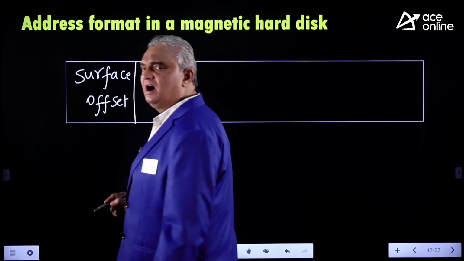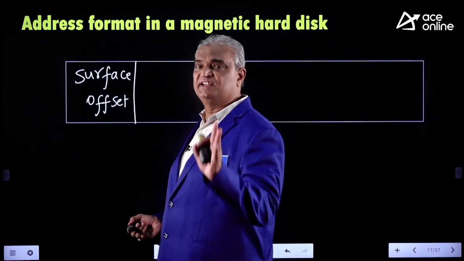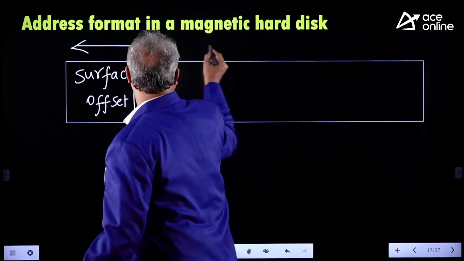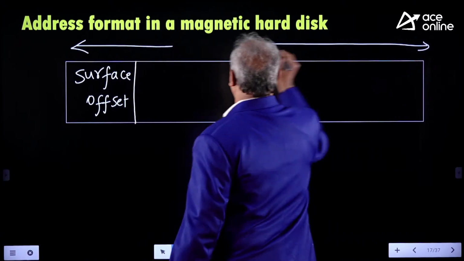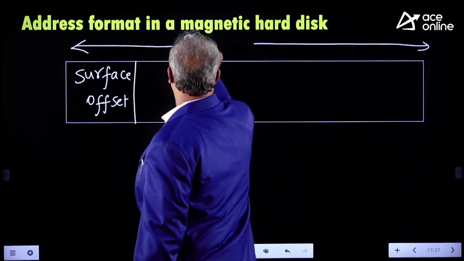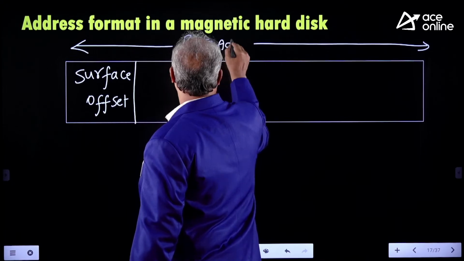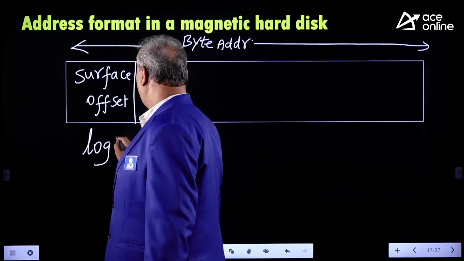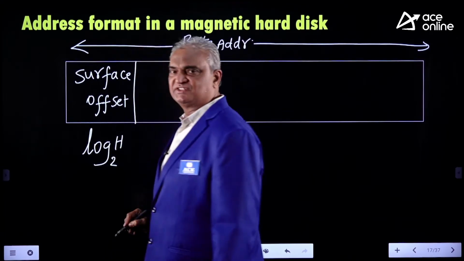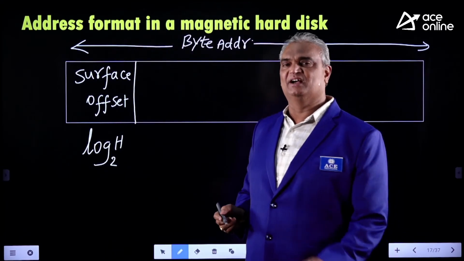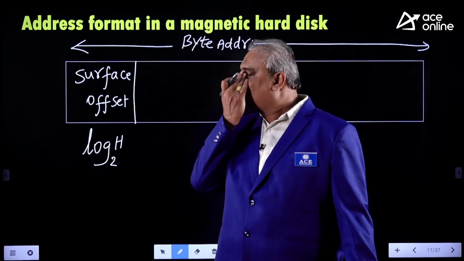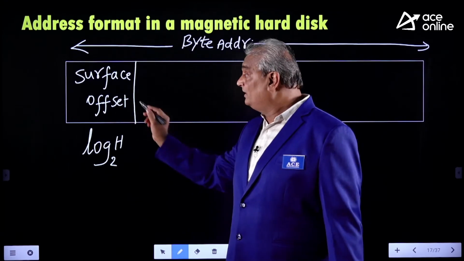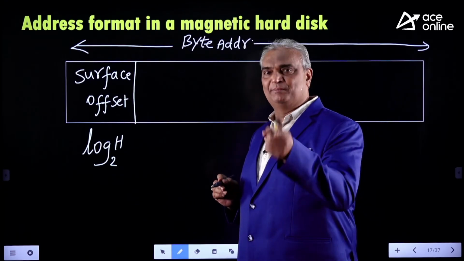When a hard disk has 16 surfaces, it requires 4 bits. Now it is nothing but the total address, word address or byte address. In this, log H: what does H tell? The number of heads, because one head is required for one surface. The number of heads is nothing but the number of surfaces. It tells the particular surface number.